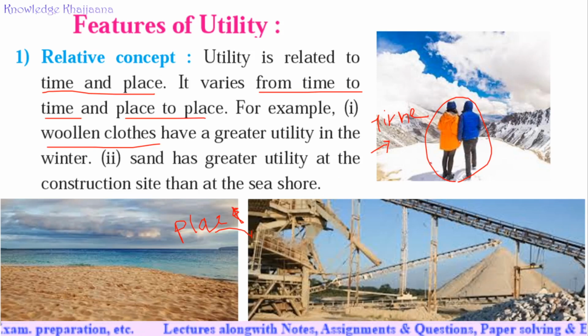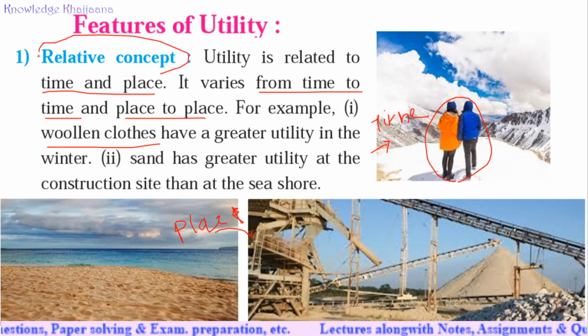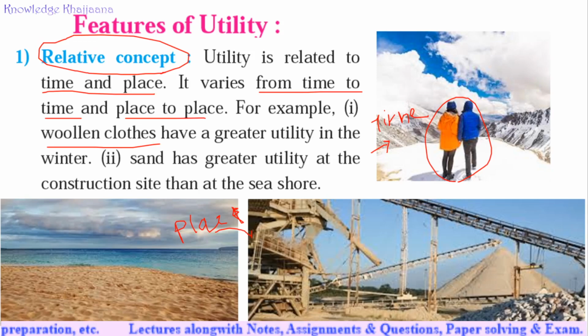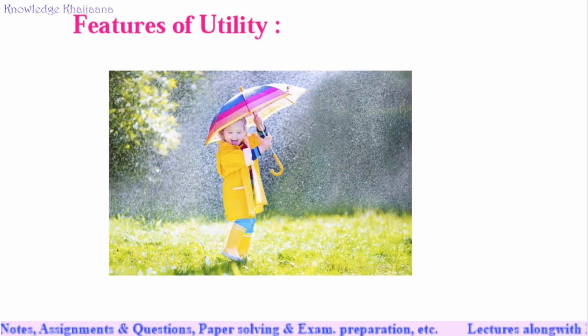Place has been changed, which means transport is the thing. Transport creates place utility. This question can come for filling the blanks. Because even the same consumer may derive higher or lower utility from the same commodity at different times or different places, right? So it is a relative concept. It may change as per time and as per place. An umbrella has more utility in rainy season than in winter.